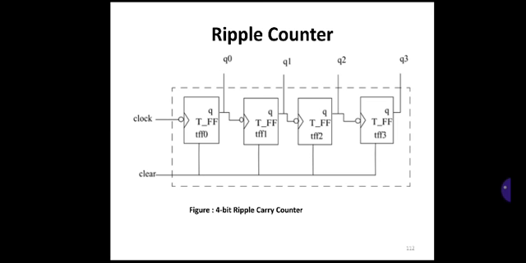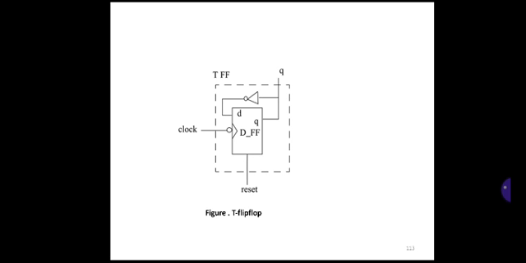The clear is an active high pin. This figure shows the T flip-flop built with one D flip-flop and an inverter. Each of the 4 T flip-flops is built with this structure, that is, a T flip-flop designed with one D flip-flop and one inverter.